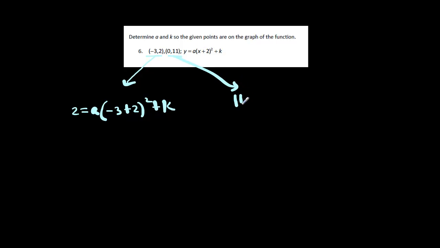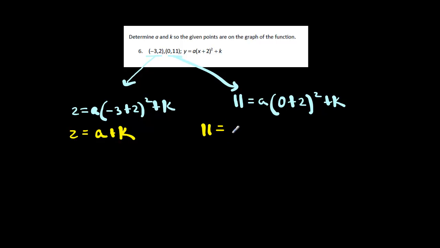So I plug in 11 for y equals a times 0 plus 2 squared plus k. Let's simplify. 2 equals negative 3 plus 2 is negative 1. Negative 1 squared is 1. So we're going to have a plus k. Over here we're going to have 11 equals 0 plus 2 is 2. 2 squared is 4. 4 times a is 4a. So that's what we'll have here.